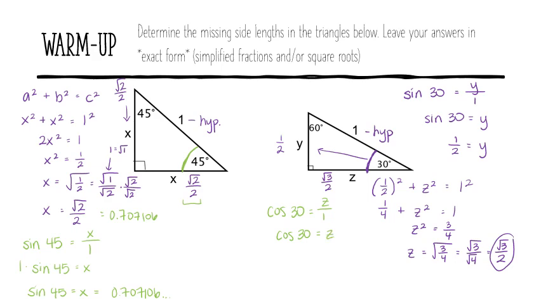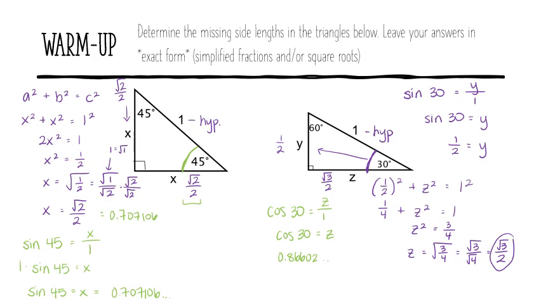But same kind of idea as before, if I plug cosine of 30 into my calculator, I get a long decimal. In fact, my calculator isn't even necessarily showing me the full decimal, it just cuts off at a specific place. I get 0.86602, blah, blah, blah.